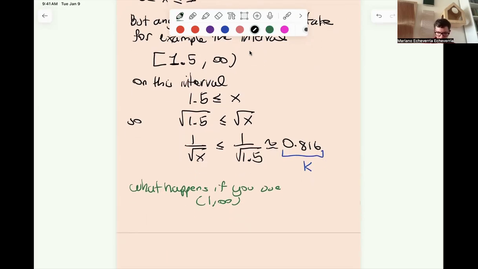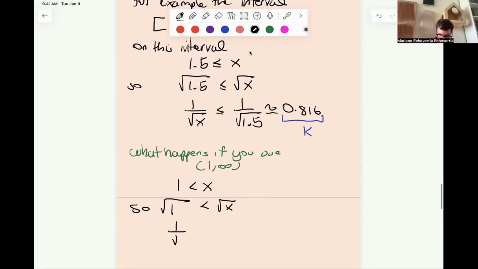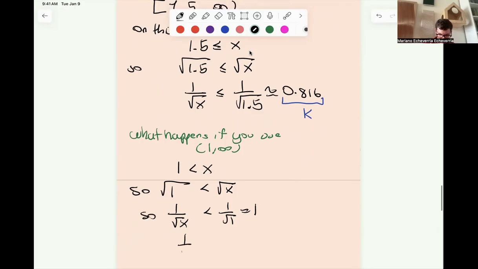On this interval, 1 is less than x, right? So you take square roots on both sides. So 1 over root of x is less than 1 over root of 1, which is 1, right? So it tells you that the derivative is less than 1, right?